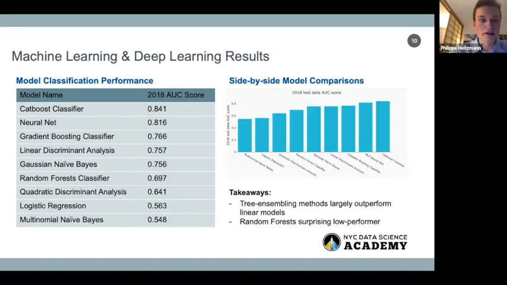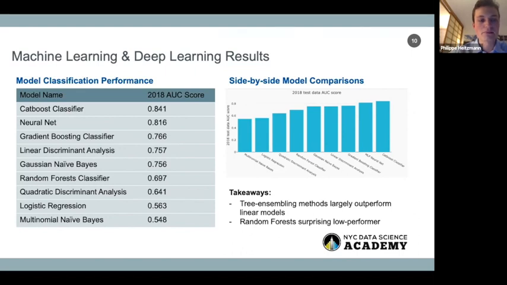So as you see here, the tree ensembling methods were largely outperformers versus some of our linear methods, which was a little unsurprising given the large number of features that we were dealing with and the complexity of the problem of actually trying to predict how people behave, and repay or don't repay their loans.